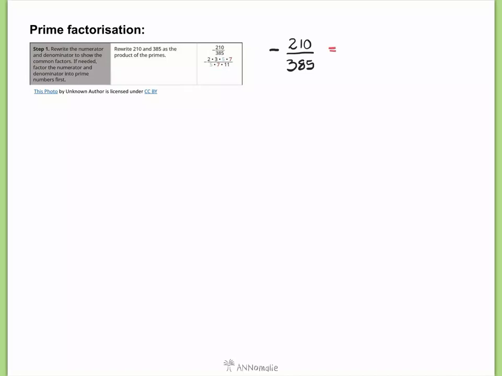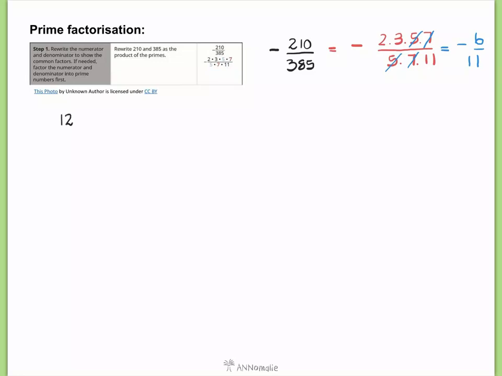So 210 is 2 times 3 times 5 times 7, whereas 385 is 5 times 7 times 11. And now it's easy to see that I can simplify this, and I've got a fraction in simplest form, minus 6 over 11. How do we go about prime factorization?